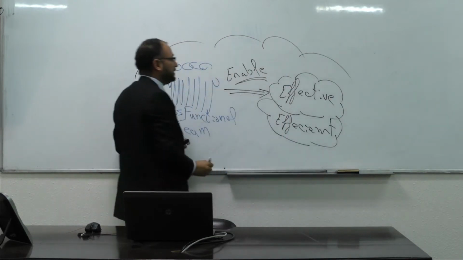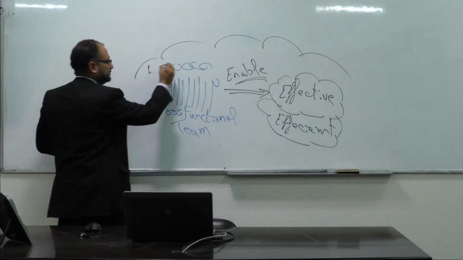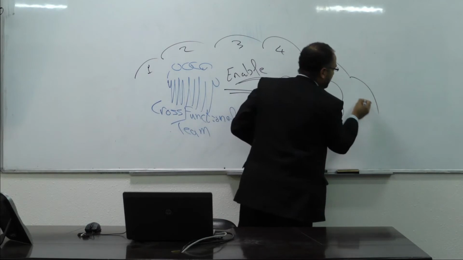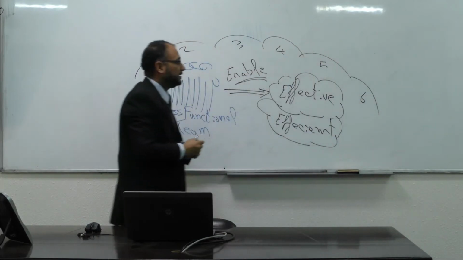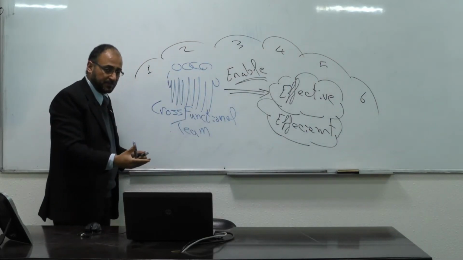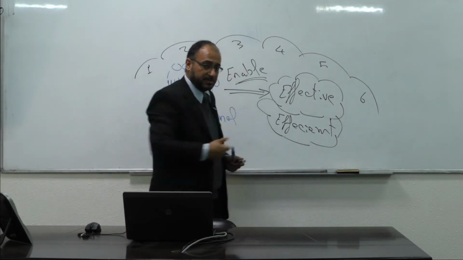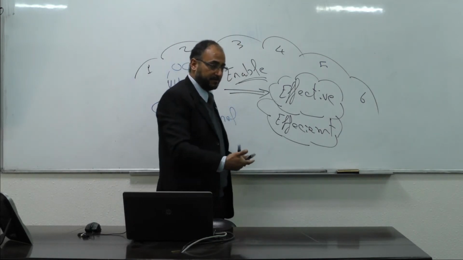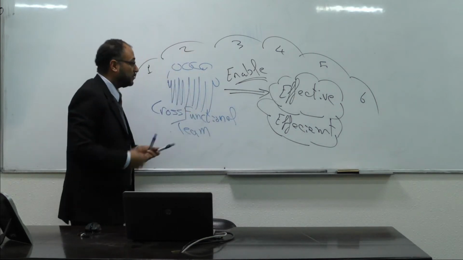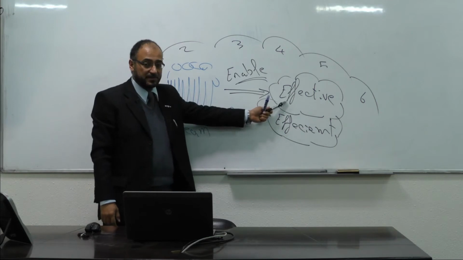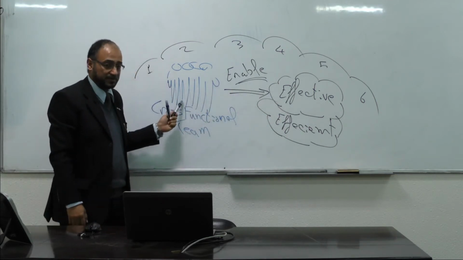So we have here 6 questions. And these 6 questions are leading us step by step in certain procedures, in certain ideas. By answering these questions, we can understand that we are reaching the effectiveness and the efficiency of these cross-functional teams.